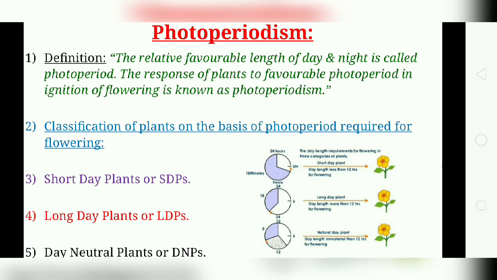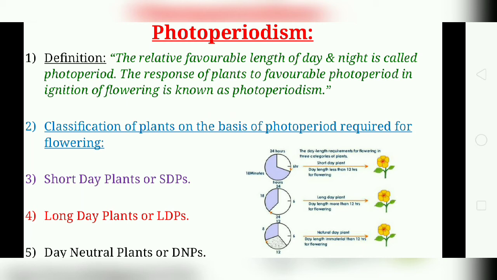The response of a plant to the day length, or photoperiod, is known as photoperiodism. This concept determines whether the plant will switch to flowering or not. The transition from the vegetative phase to the flowering phase is decided by photoperiodism.